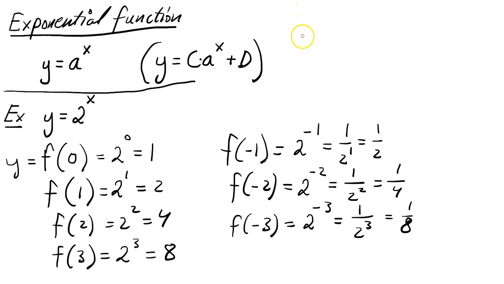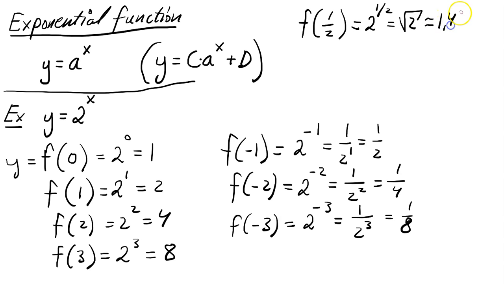Then of course we could also try other numbers. For example, if you take a half, what is 2 raised to the power of a half? That is the square root of 2, which is roughly 1.41 with 2 decimals.